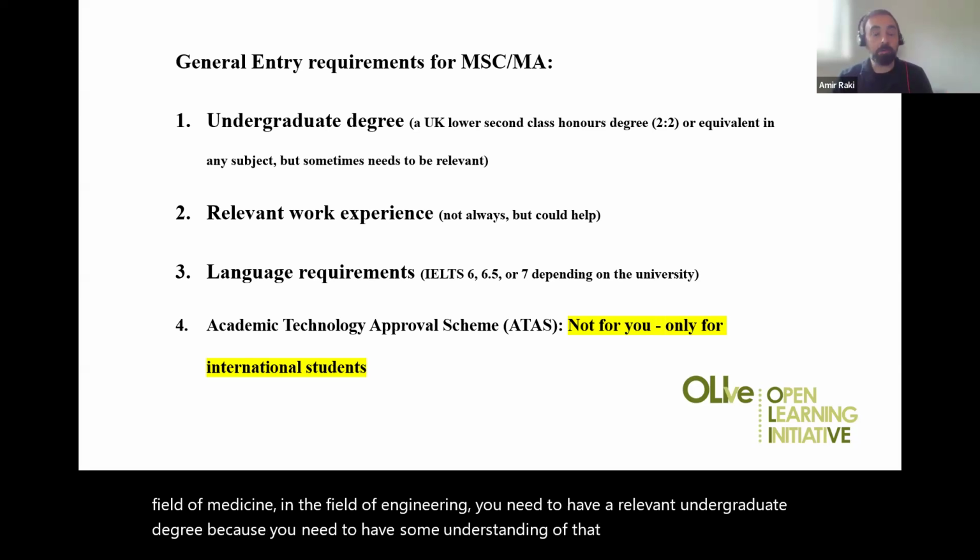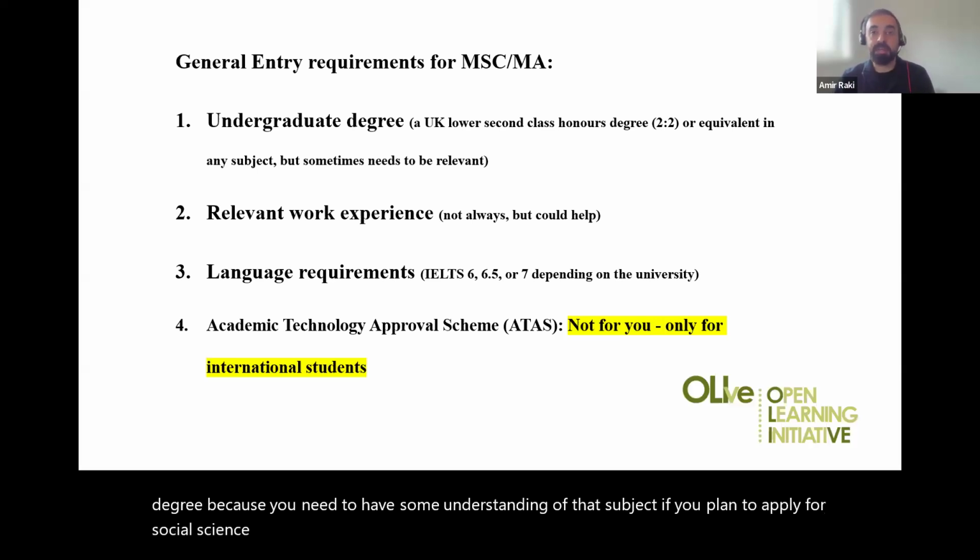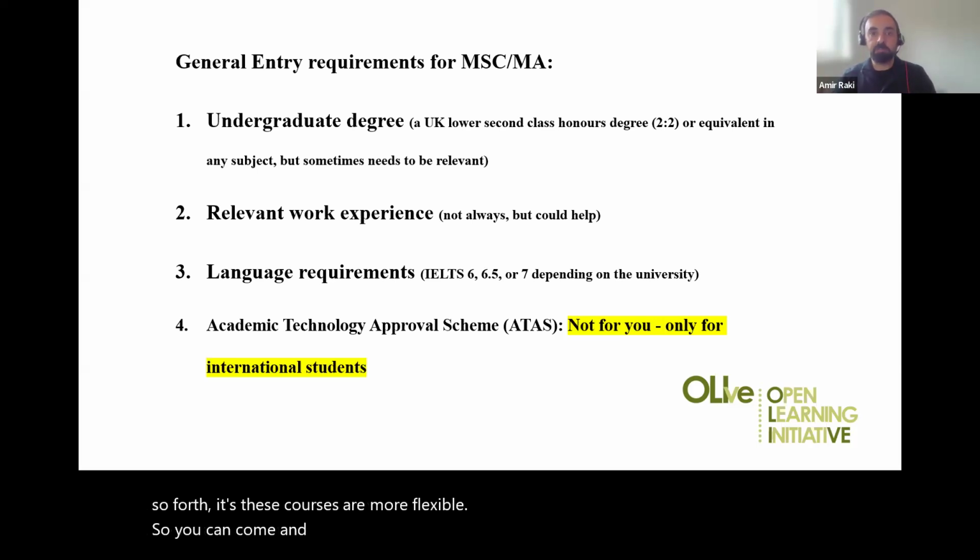If you plan to apply for social science and humanities, like business management, marketing, sociology and so forth, these courses are more flexible, so you can come and study them from different kinds of backgrounds.